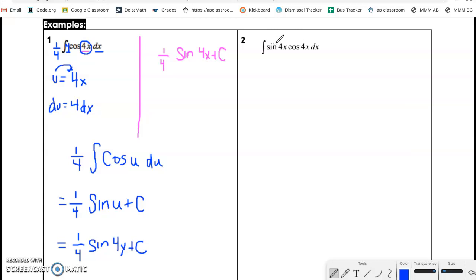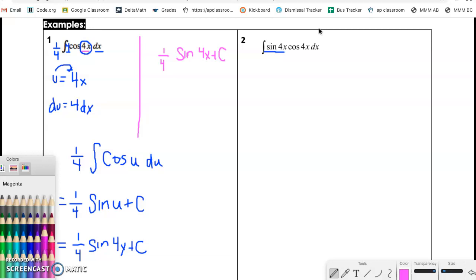Cosine is the derivative of sine. So I'm going to take my sine and make this my u, and I'm saying my cosine is the derivative of u.